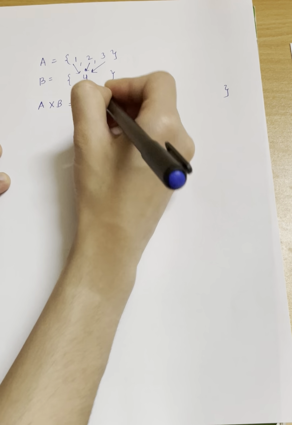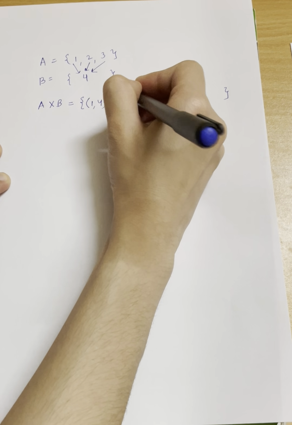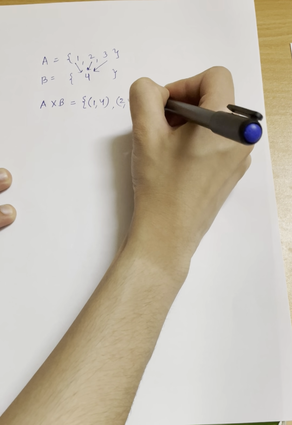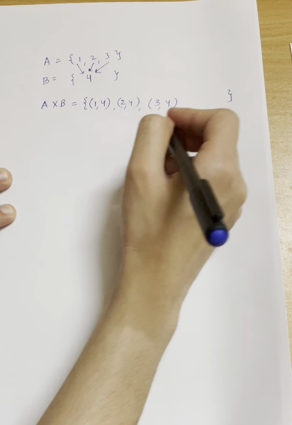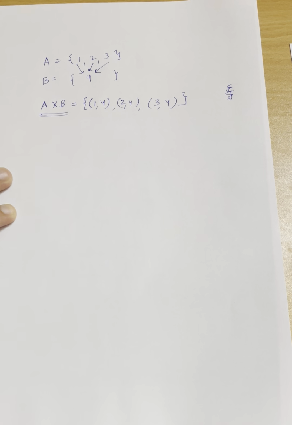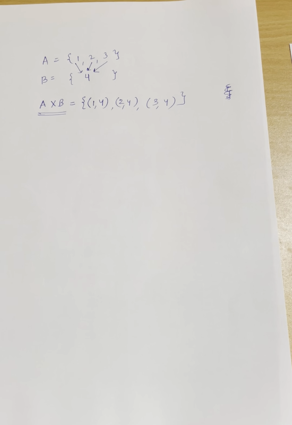One pair is 1, 4. This pair is represented in open and closed parenthesis. Now 2, 4, 3, 4. So this is the cross product or Cartesian product. All the elements present in set A are multiplied with all the elements present in set B.